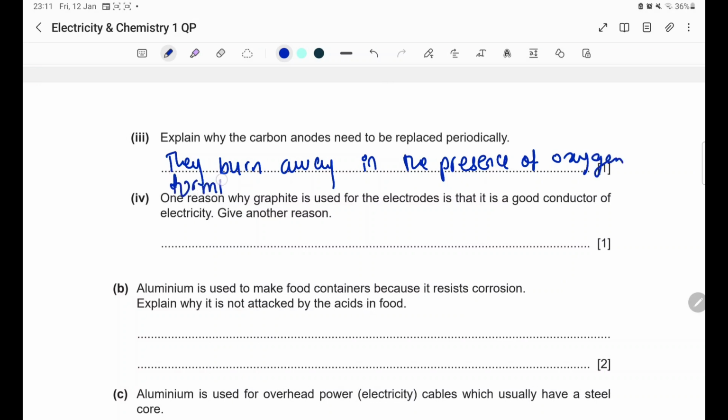One reason why graphite is used for the electrodes is that it is a good conductor of electricity. Another reason is that it is inert, unreactive, does not take part in the reaction.